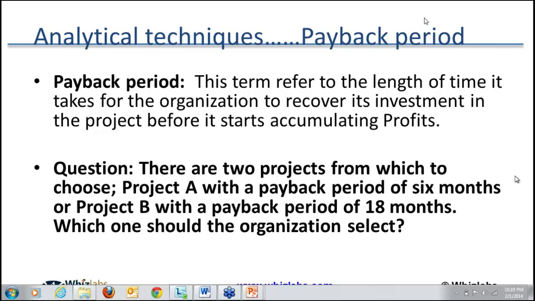So this is a very important term which the project business case will define: how soon the organization can recover its original investment from the project. Payback period is the recovery time of the investment which the company has put in at the beginning of the project.